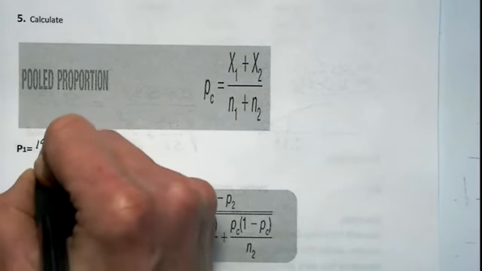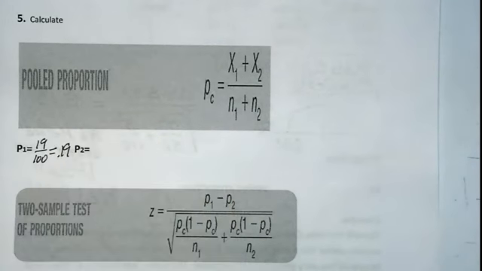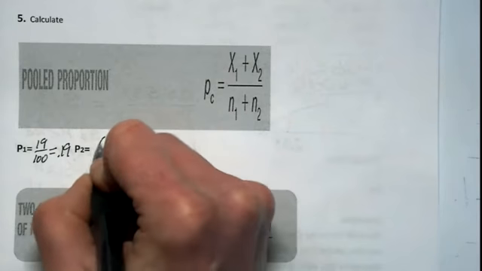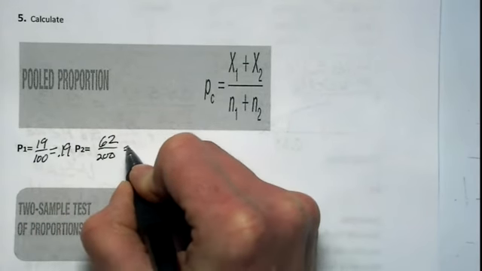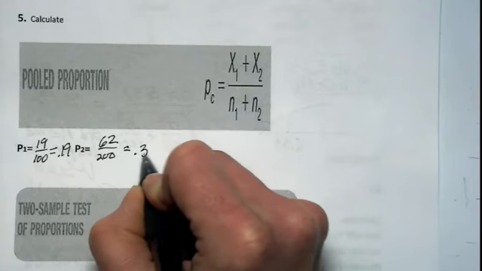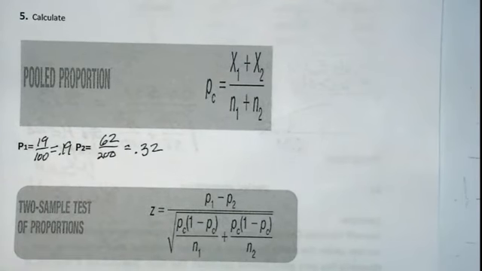There's 19 out of 100 like this perfume, or 19%. And then 62 out of 200 like it in this other age group, or 31%. So we want to know about those two percents. Are they the same or different? Do those two populations of women like this perfume equally?